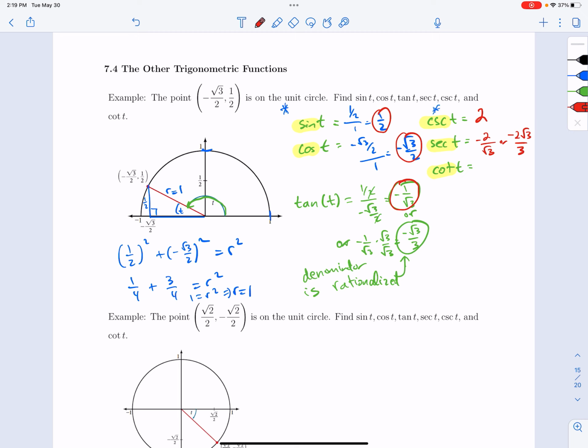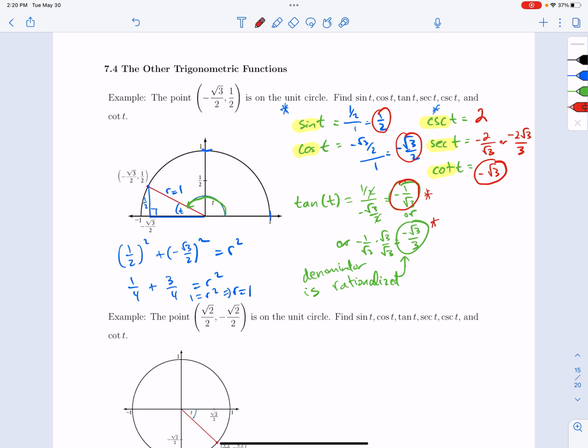Either of those are okay. And then for cotangent, I could take the reciprocal of either of these. If I take the reciprocal of the first one, I end up with negative root 3 over 1, or just negative root 3. And that's the one I'll choose because if I use negative root 3 over 3, then I would need to rationalize. By using that first one, the reciprocal gives me something that is rationalized.